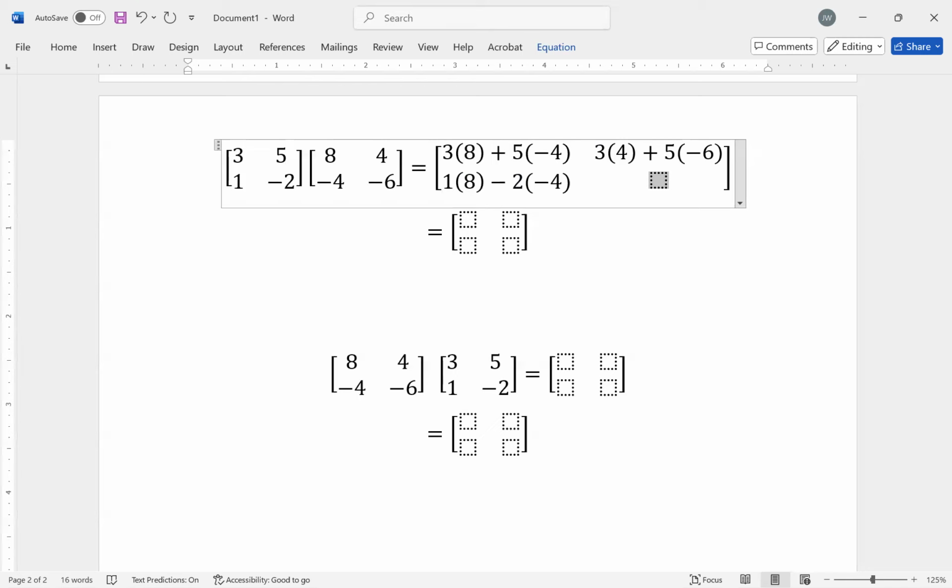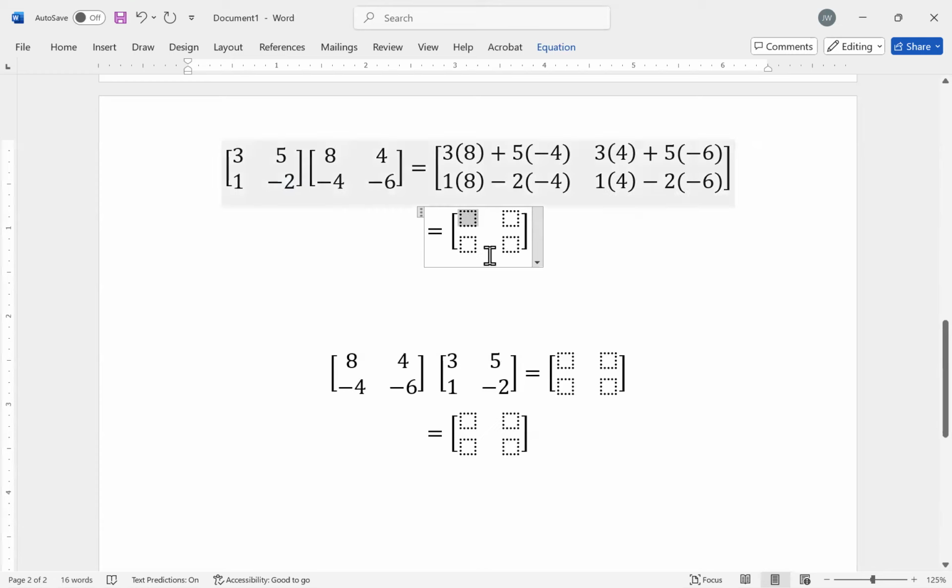Then I'd take 1 times 4 minus 2 times negative 6. Again, that's second row in my lead matrix times the second column in my second matrix. And then I simply calculate what each of these numbers is.